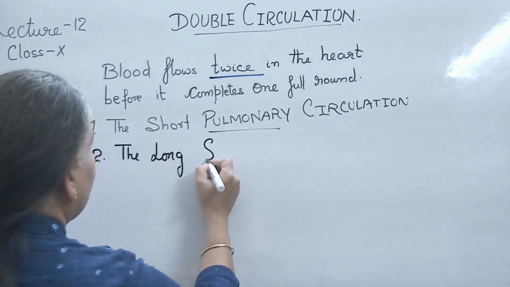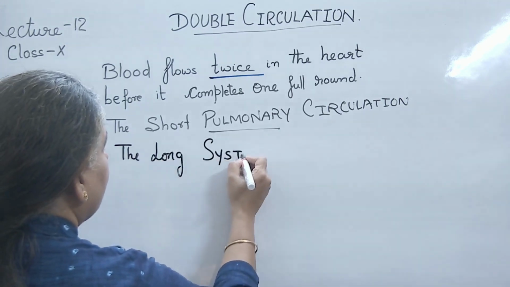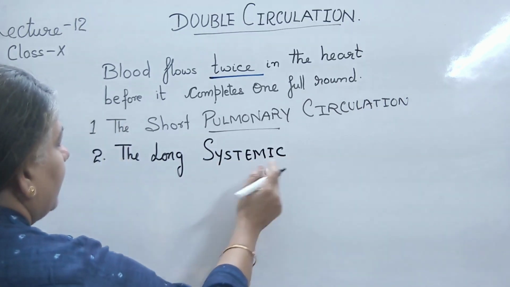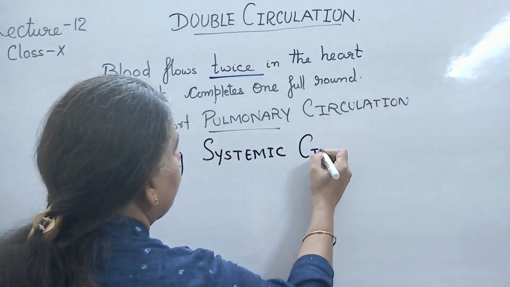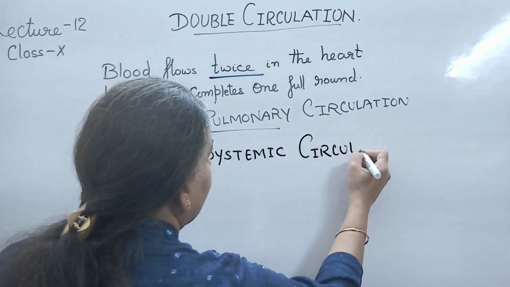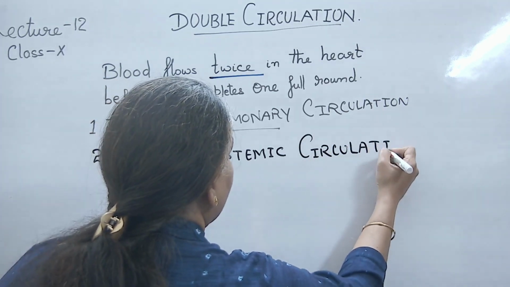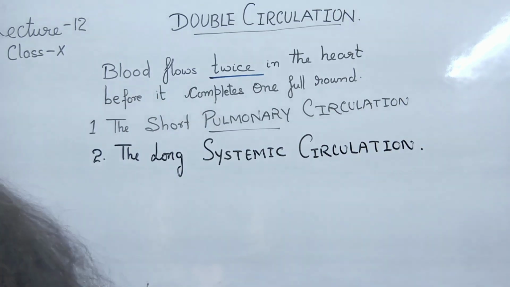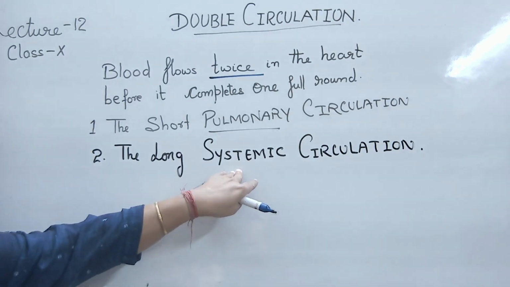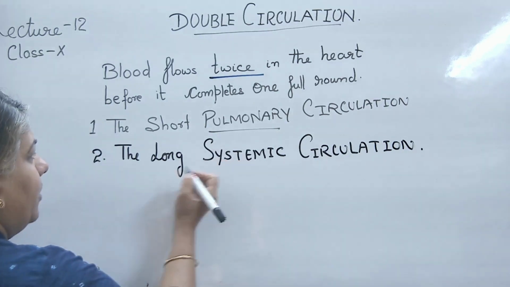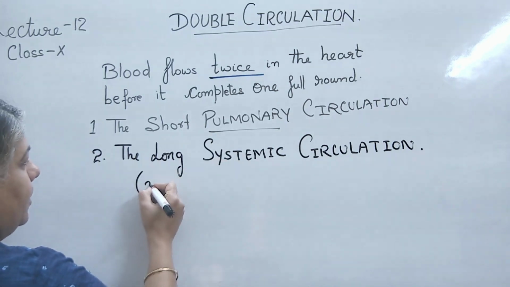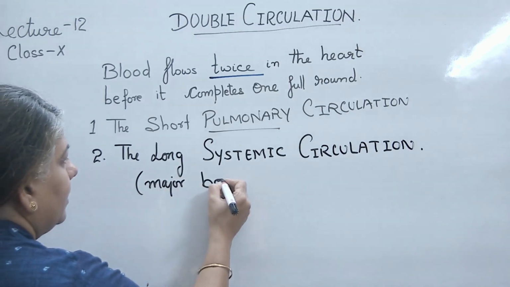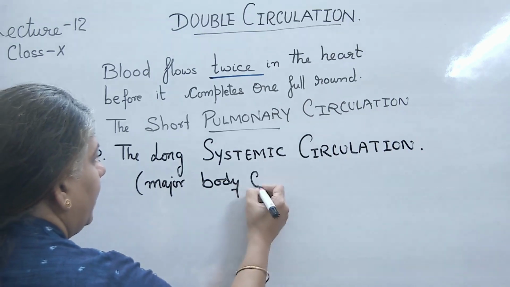Long. Okay. See, systemic means general circulation or the major body circulation. You may write major body circulation.